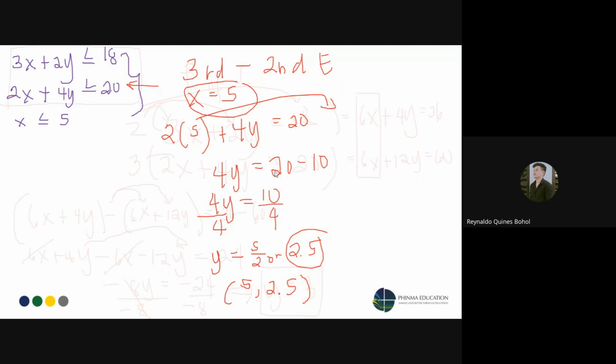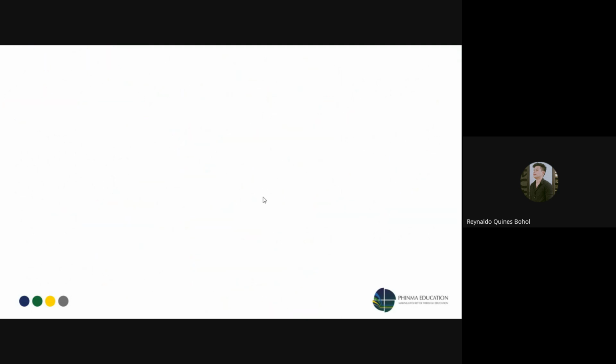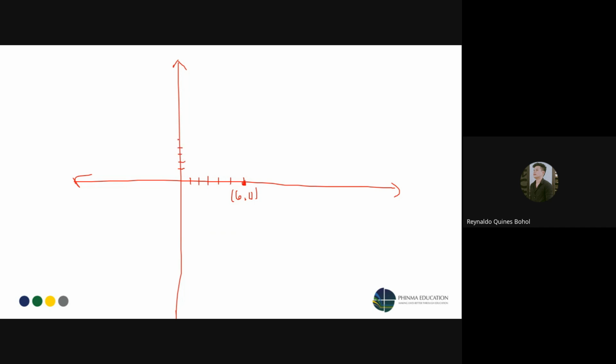Okay, lagyan natin 6, 0. 1, 2, 3, 4, 5, 6. So, nandito si 6, 0, 1, 2, 3, 4, 5, 6, 7, 8, 9. So, approximately, nandito si 0 and 9.